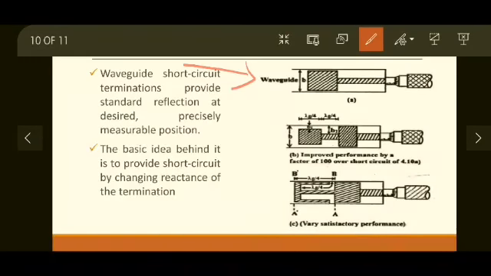The basic idea behind it is to provide a short circuit by changing the reactance of the termination. Again, you can see this is a waveguide. Inside it there is an attenuating pad which is connected. Now it is attached to an external tunable knob, which we can rotate or move to adjust the termination.